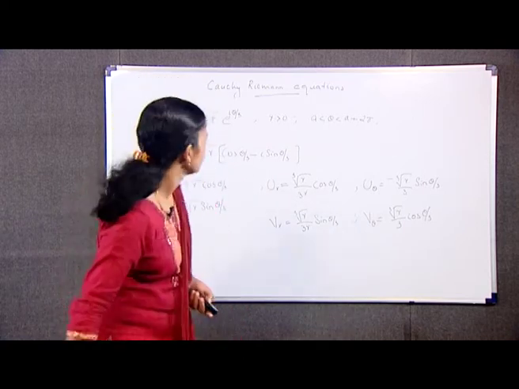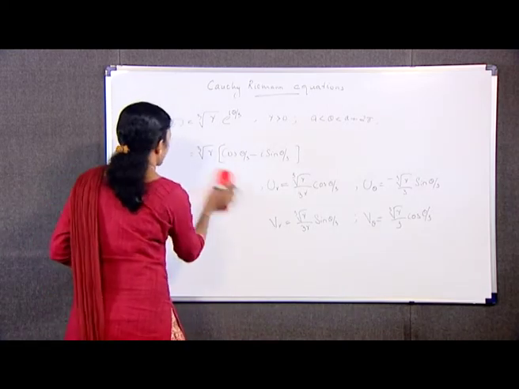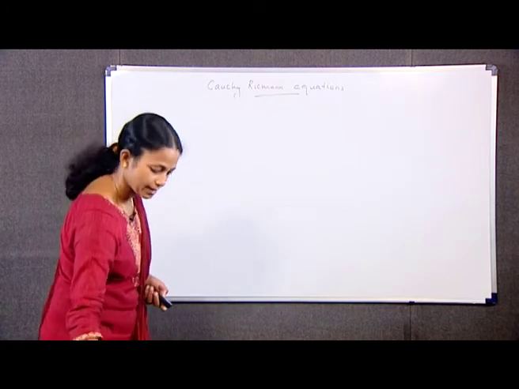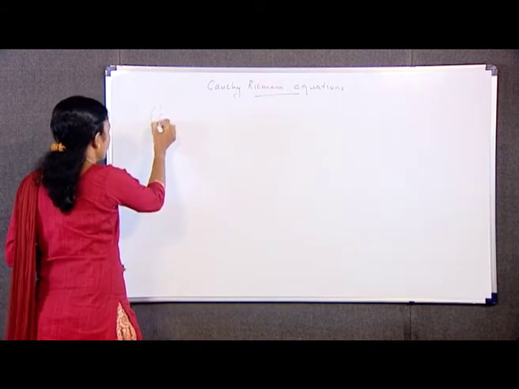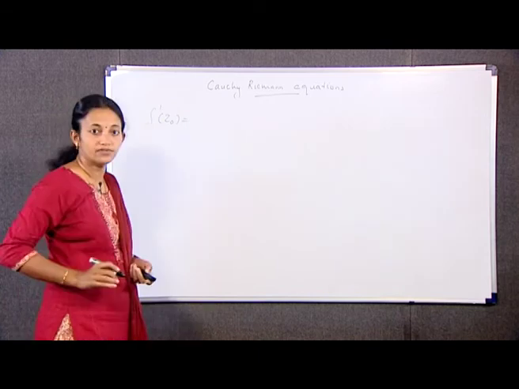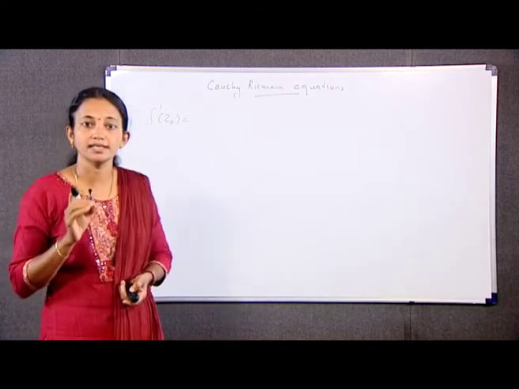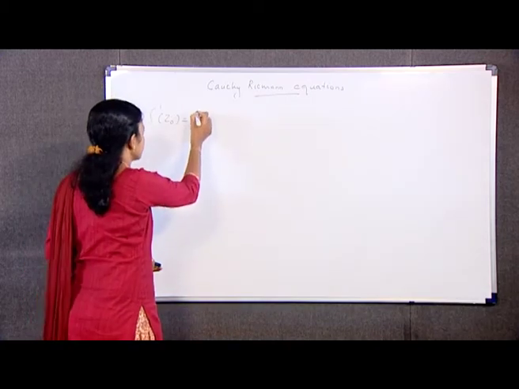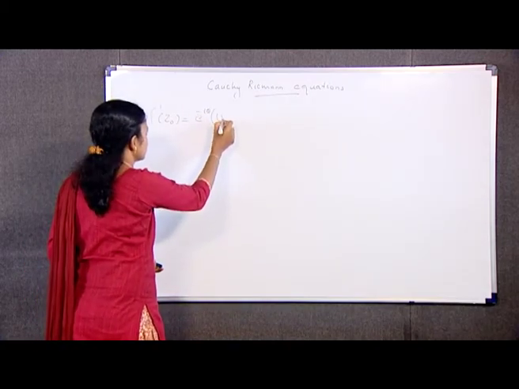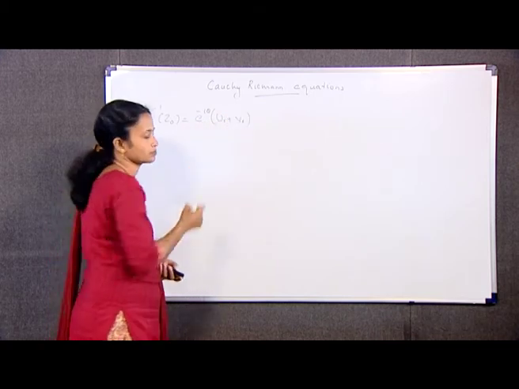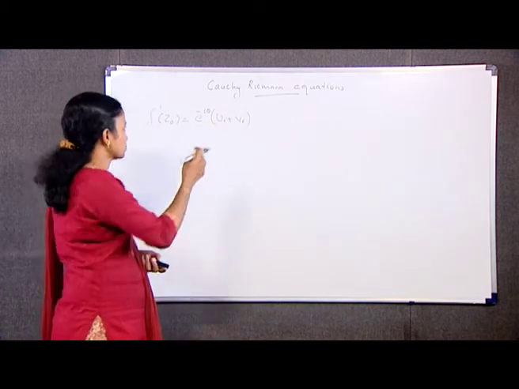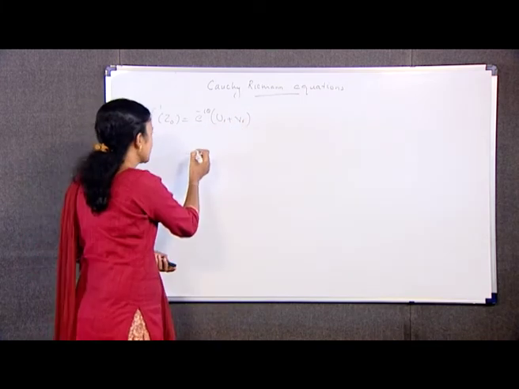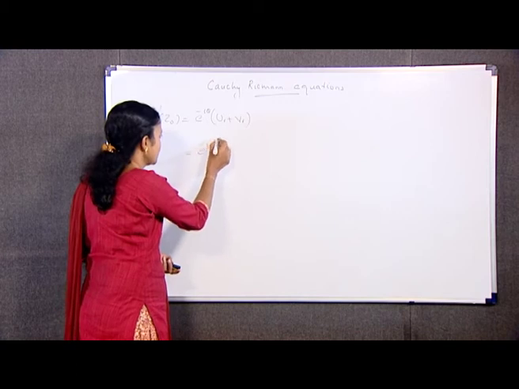I can write using that formula f dash of z naught, which is equal to e raised to minus i theta (u_r plus i v_r). Here we substitute the values of u_r and v_r, which is equal to e raised to minus i theta.